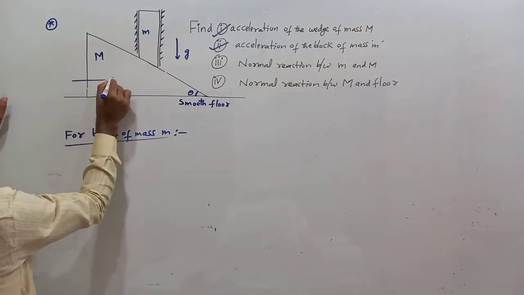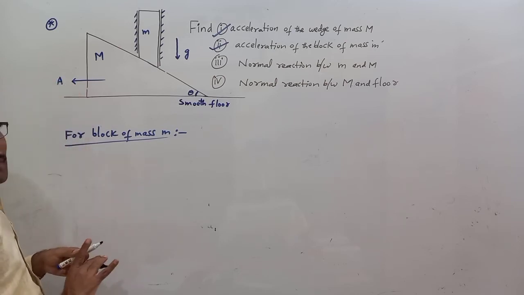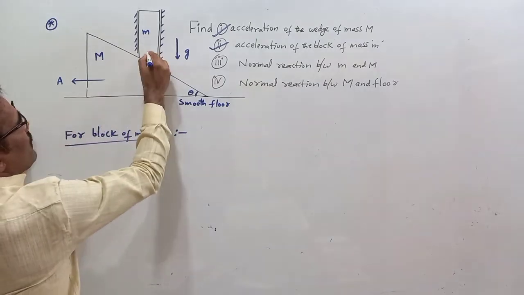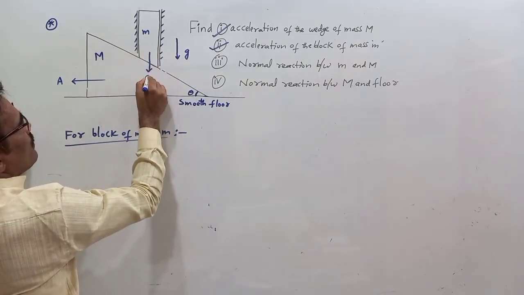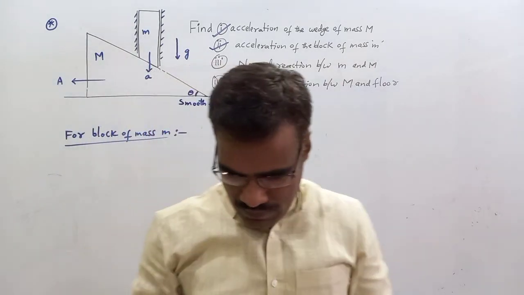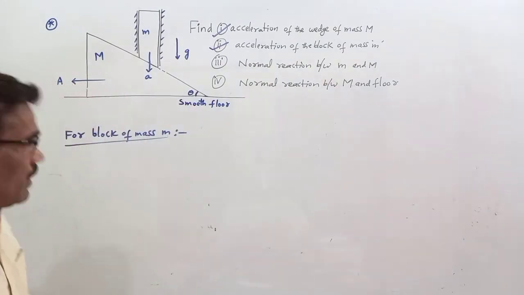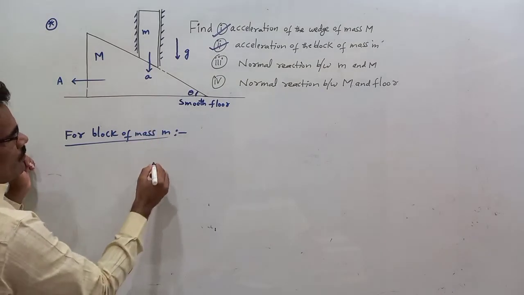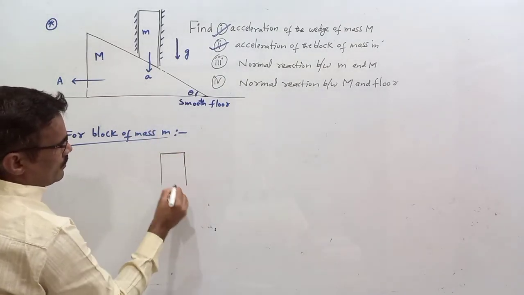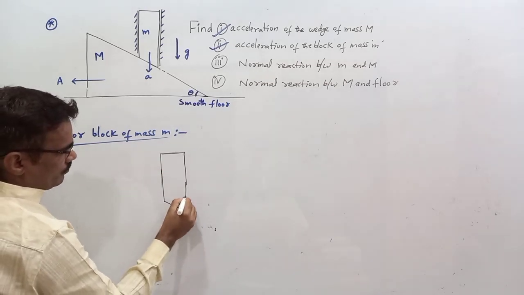So capital M moves horizontally with acceleration capital A, and small m moves down with acceleration small a. I want the relation between small m and capital M. First draw the relationship between them.